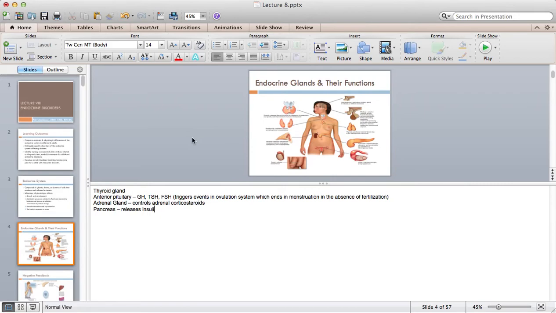The insulin is the chief messenger in the body that takes glucose from the bloodstream and transports it to the cells and tissues to be used for metabolism.